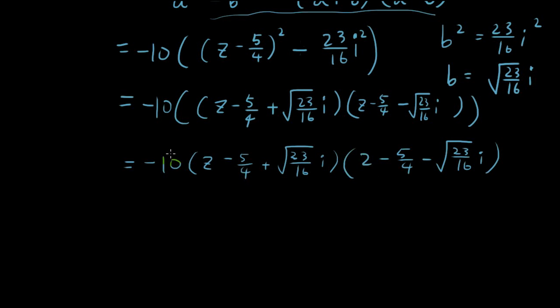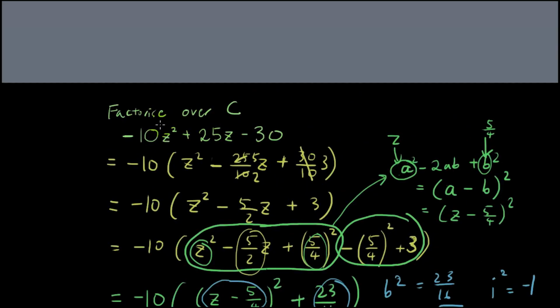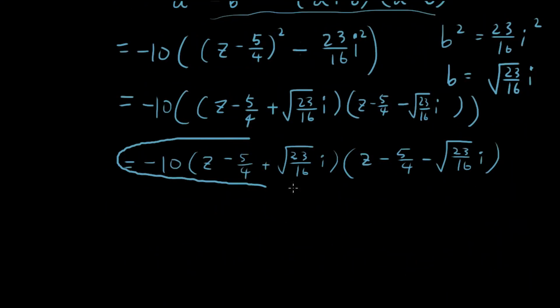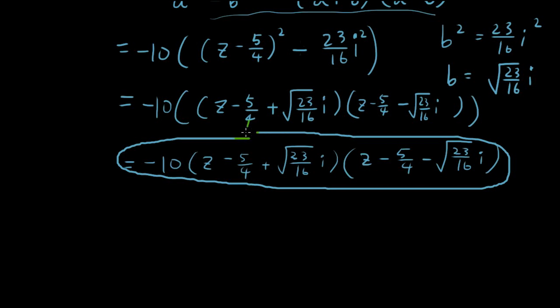And if you want, you can multiply this term into the first bracket, but to me, that is totally fine already. So now here is where we check the answer. We want to make sure this is going to give us the same answer as this, because they're the same equation.